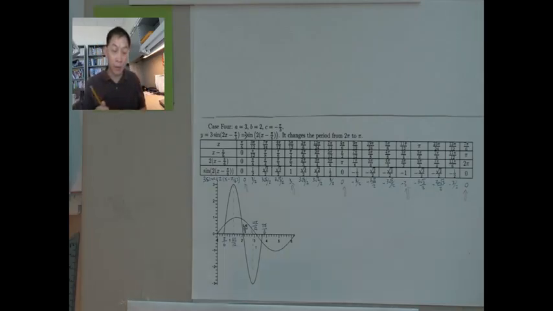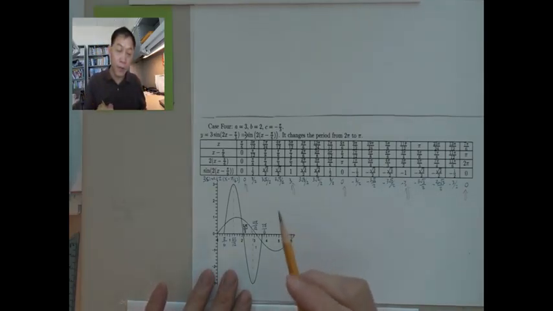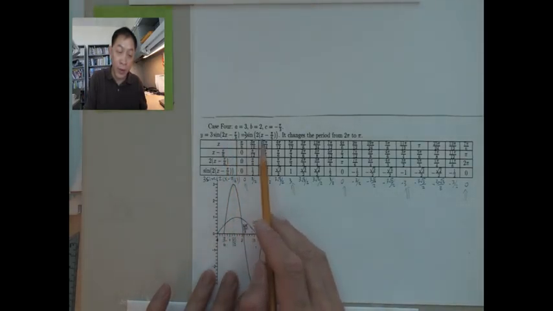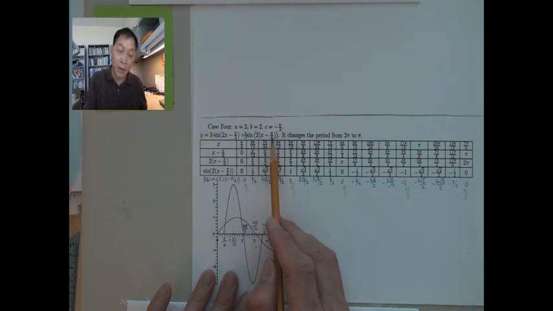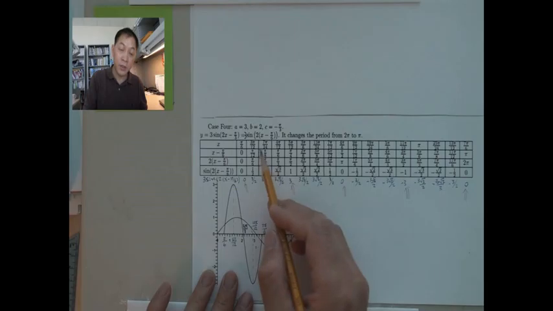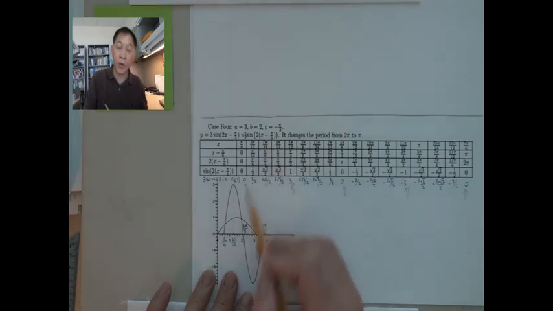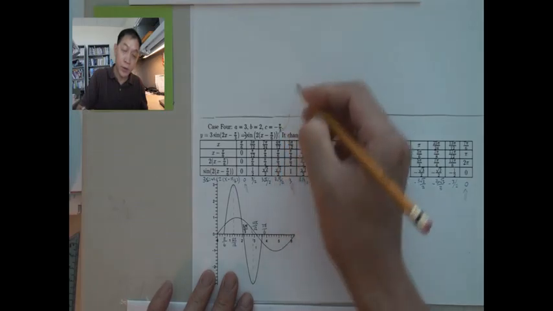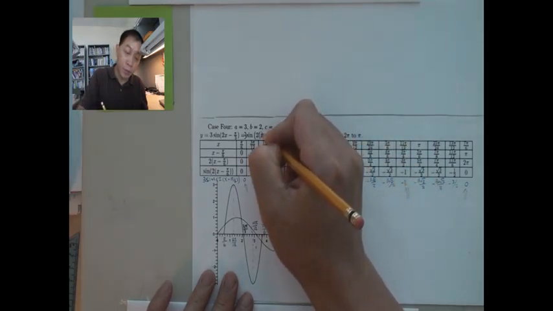Okay, now, I like to write 2x minus pi over 3 as 2 times parentheses x minus pi over 6 in the parentheses. Why can we do that? You do the distributive property.